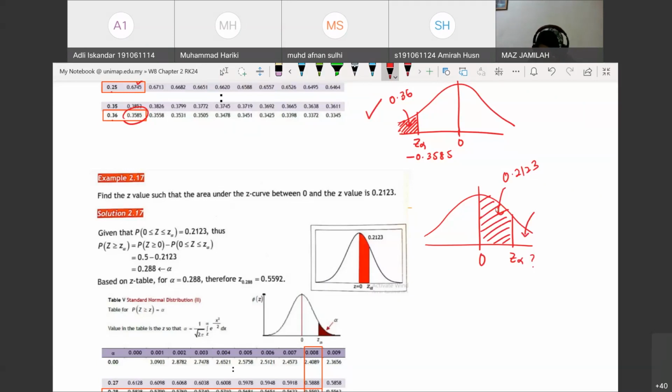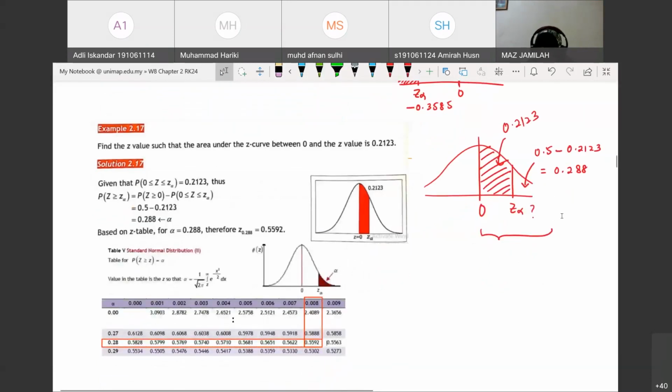So in order to find this, it would be 0.5. Why 0.5? Because half of the probability is 0.5, minus 0.2123. So you will get 0.288 as your alpha value. Then having said your alpha is 0.288, refer to your table of the second, upper tail.